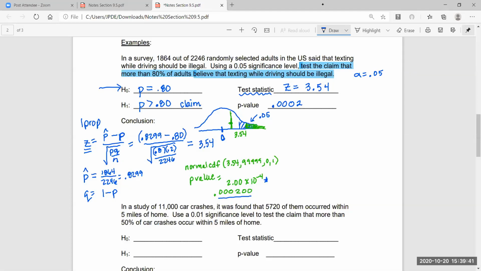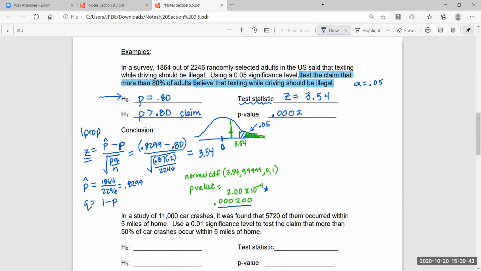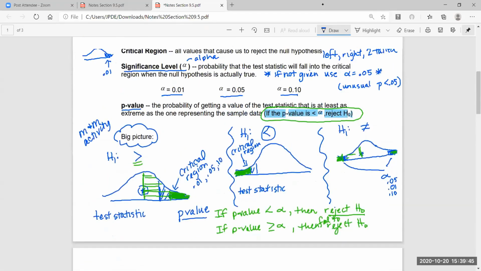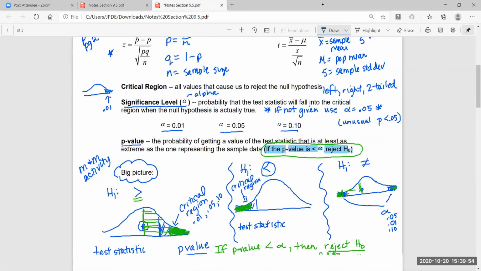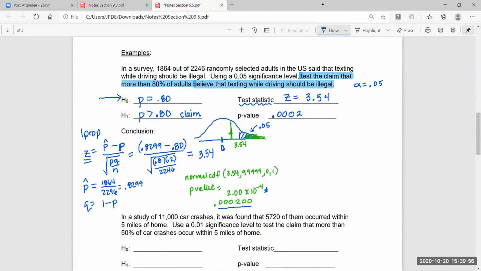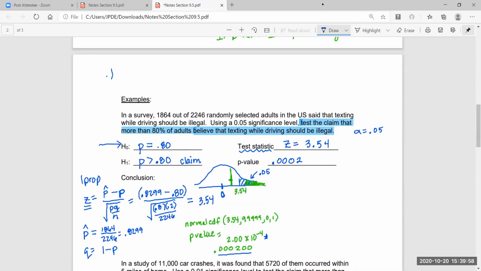If we compare it to alpha, I'm now at this step. Let me go back. If the p-value is less than alpha, reject H0. And in fact, let me write it here. If p-value less than alpha, reject H0.